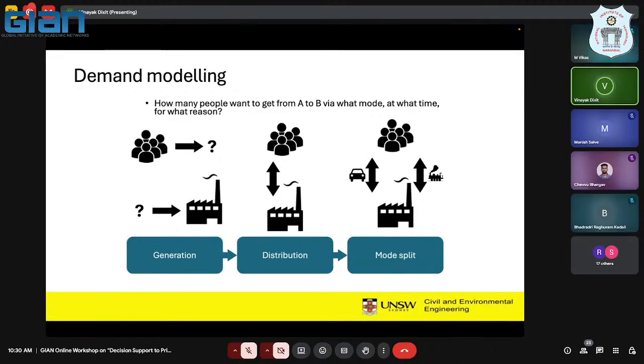That's where there was a discussion yesterday around gravity-based models. There are other models now which we have moved away to from gravity. You can look at AI-based models which you calibrate and then implement in a new region. What we basically spent a lot of time on was mode split.